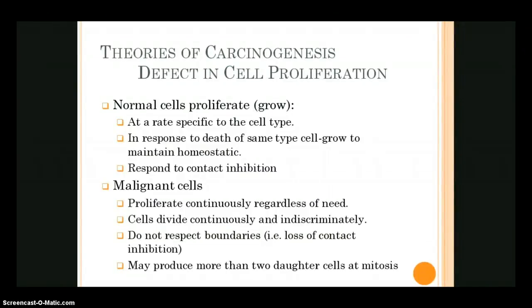They also can be very, what we call haphazard in their reproduction. And so as a result, they can produce more than 2 daughter cells at the time of mitosis. A normal cell is going to divide into 2 daughter cells. A malignant cell might produce 4 cells.